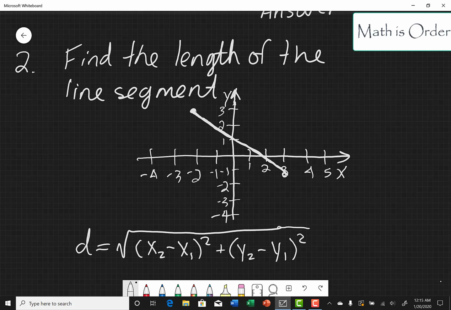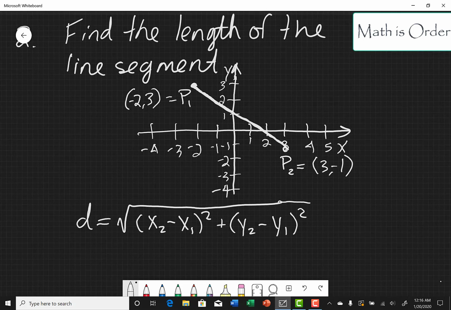So let's say this endpoint here, let's call this endpoint P1. And we can see that P1 is located at, looks to be at -2, 3. And P2 here is located at 3, -1.